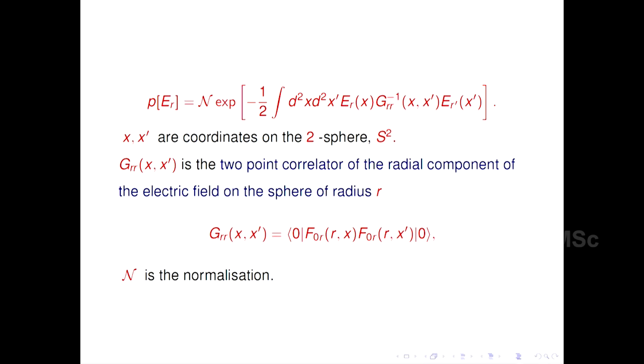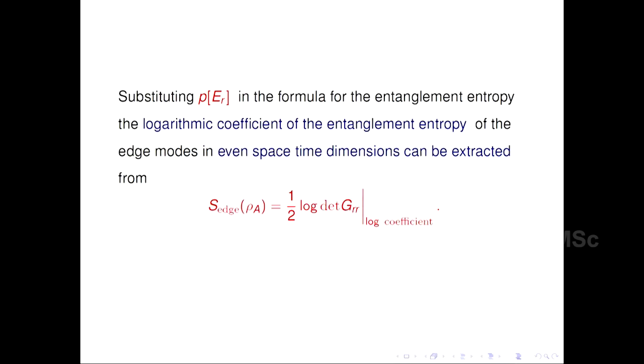So this is the answer. P of E is a Gaussian, and it involves the 2-point function of the radial component of the electric field on the sphere. G_RR is this 2-point function of the radial component of the electric field on the sphere, and N is the normalization. If you substitute that in this formula for the edge modes, you just work out the algebra. The logarithmic coefficient is basically half log the determinant of G_RR.